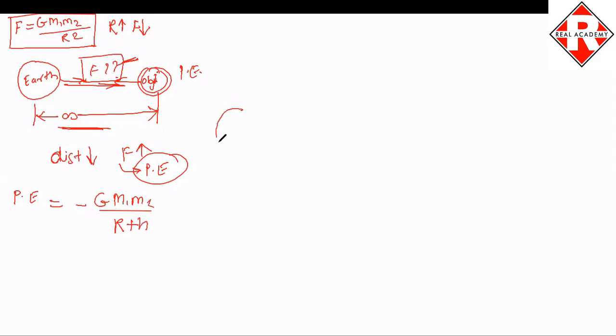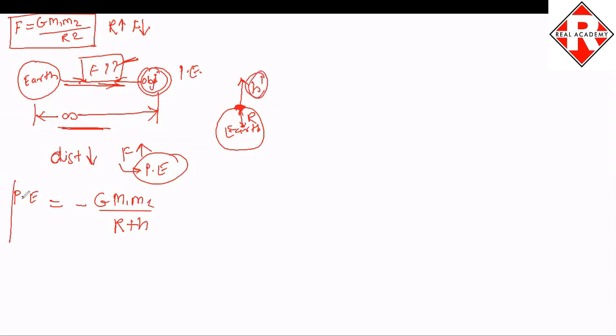Why? Because again, if I'm considering this earth, if this is the surface of the earth, then the distance will be r. But if I keep on moving the object above the surface of the earth, accordingly the h will also vary. If it is on the surface, h will be 0. If it moves upwards, we will have some value for h.